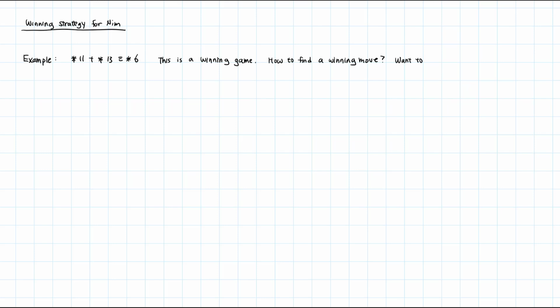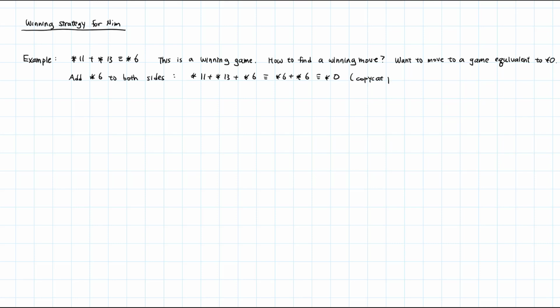So what we want is to move to a game that is equivalent to star 0. One way to get star 0 is by adding star 6 to both sides. So this gives us star 11 plus star 13 plus star 6 is equivalent to star 6 plus star 6, which is equivalent to star 0 by the copycat principle.